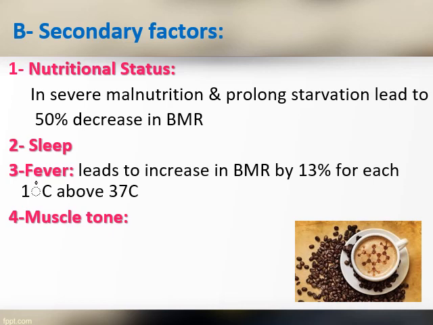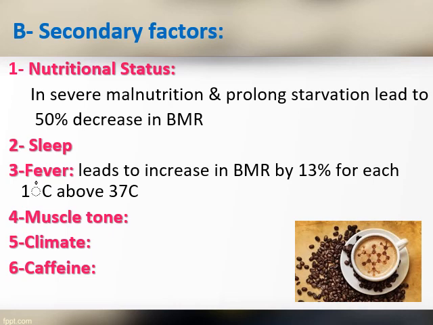Muscle tone. In athletes, there is an increase in the basal metabolic rate due to an increase in the muscle tone. This is due to more oxygen consumption during muscle contraction. Climate.